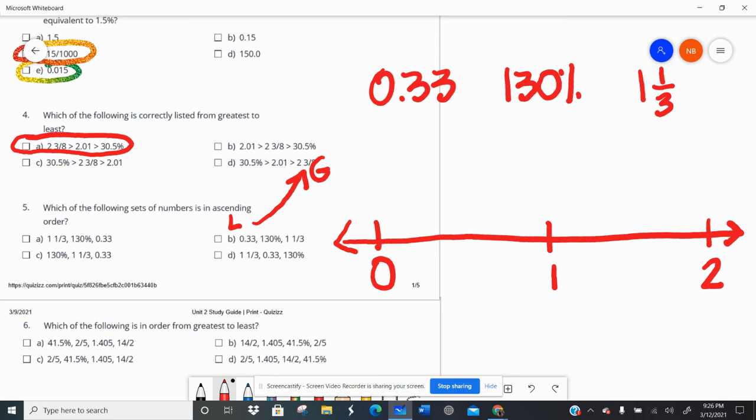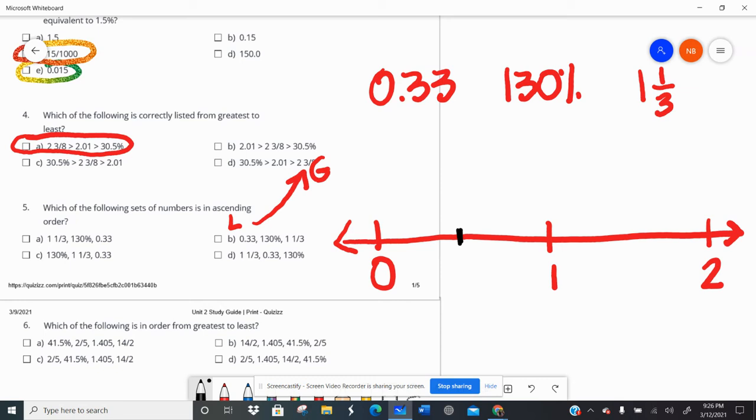Now I'm going to go from number to number, and I'm going to place it about where I think it should be. If I'm looking at this first one, 33 hundredths, well, that's less than 1. And if half was about here, 0.33 is less than half.